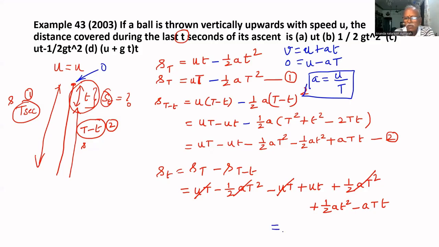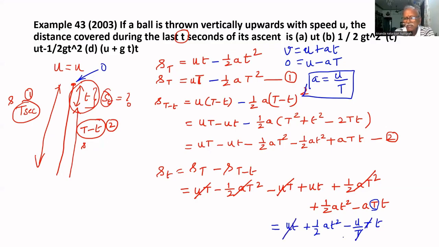So, ut is there, plus half a t square is there. Here a equal to u by t, because t is an assumption. It should not appear in the answer. A equal to u by t multiplied by t, these two getting cancelled. Therefore, ut is there.